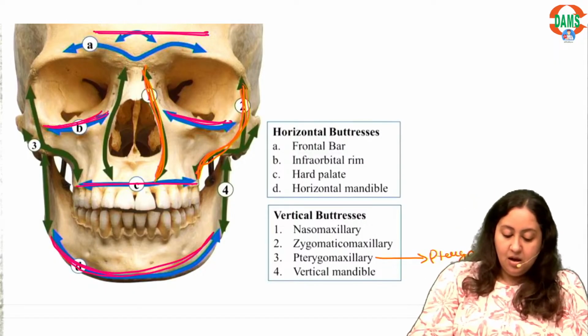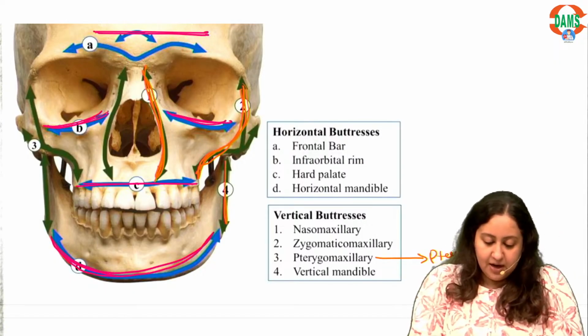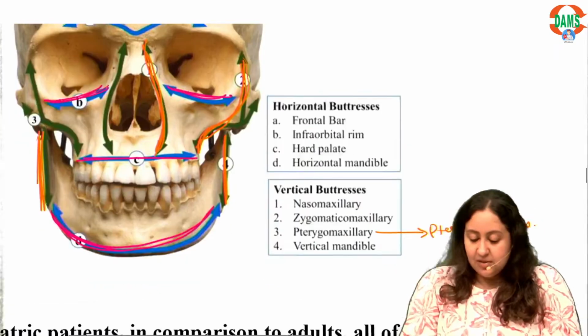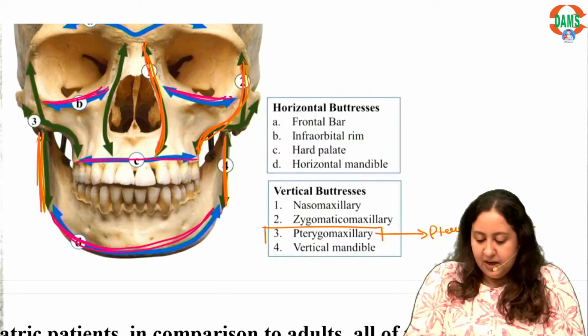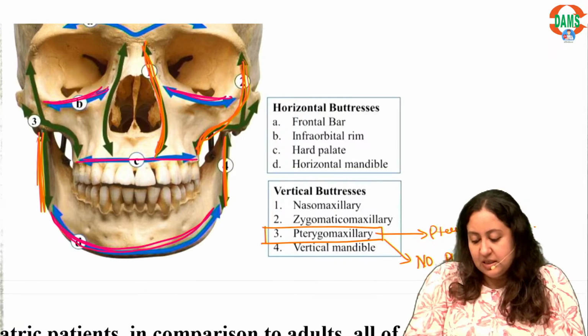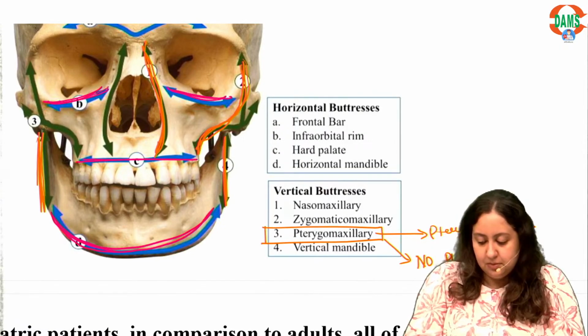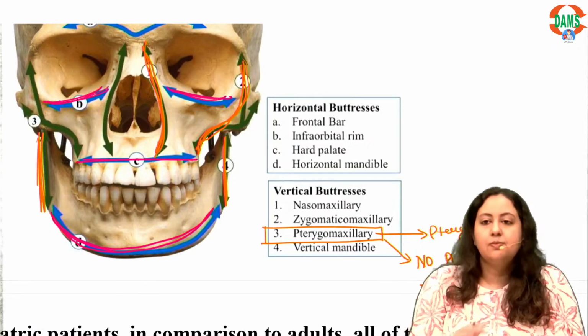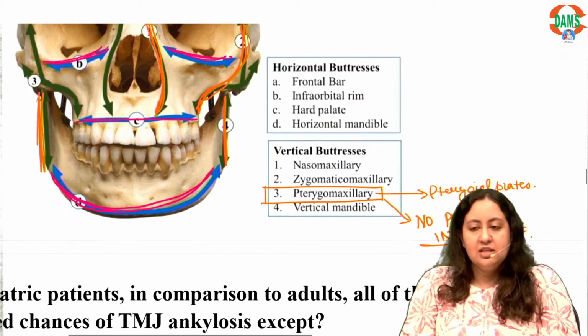Okay, and fourth is the vertical mandible. Fine. And please remember, we do not plate the pterygomaxillary buttress. No plating because it is inaccessible. Okay, these are important points.